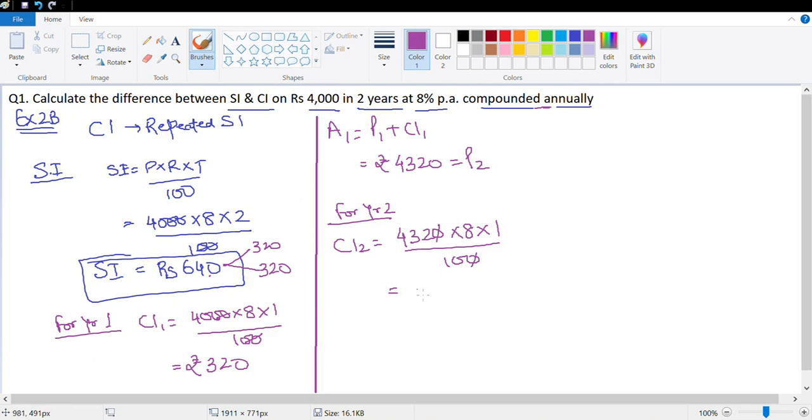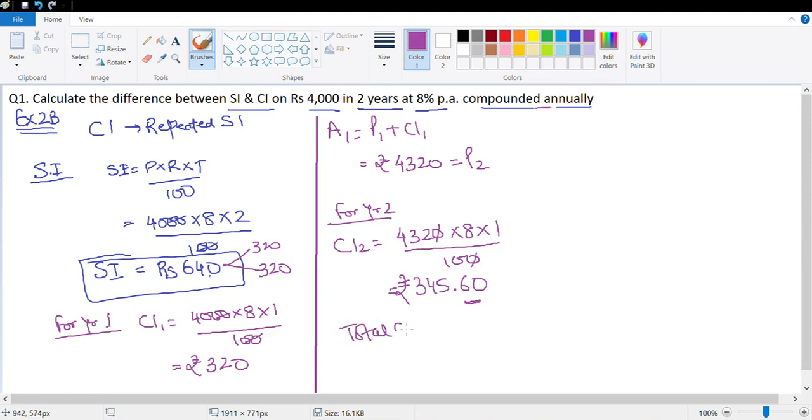So this is 345.60. Right? Let me just reconfirm. 432 into 8, 8 into 2, 16, 25, 32 and 34. Perfect. My calculation was correct. I hope you noticed that I added an extra zero on my own, because since we are talking about money, money is always written with 2 decimal places. So this is our CI for year 2.